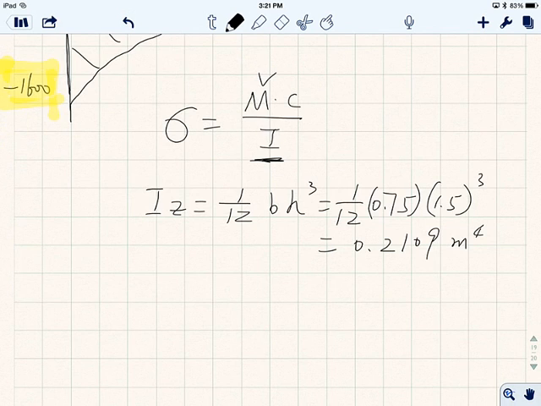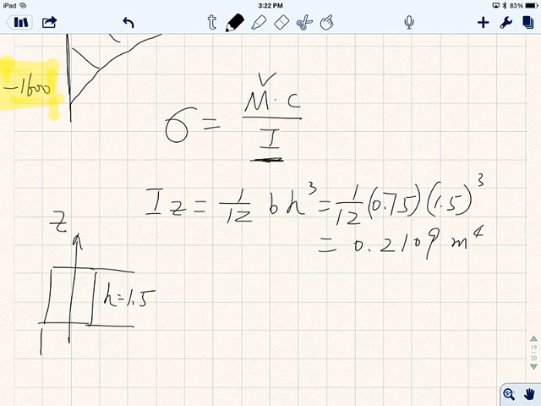Okay, because if you look at a cross section of the beam, this is our z-axis, and the height over here is 1.5. The base is 0.75.